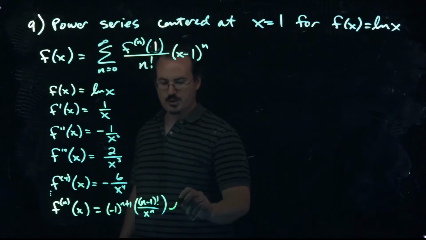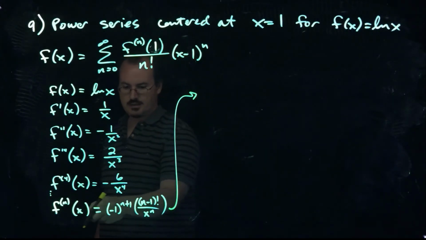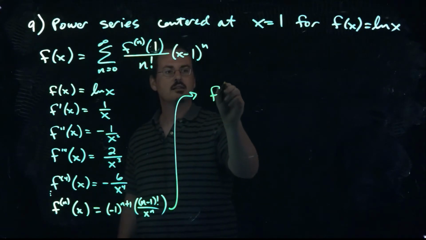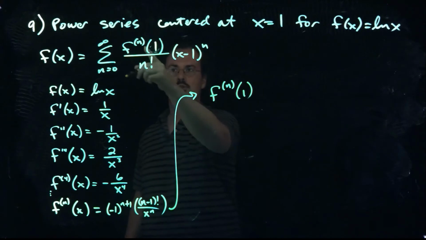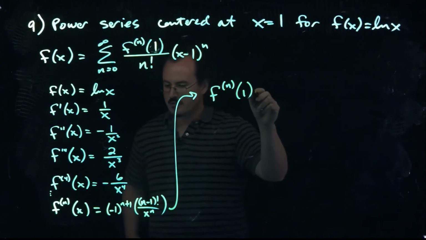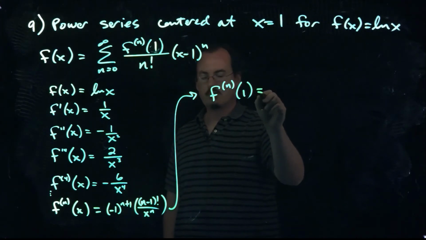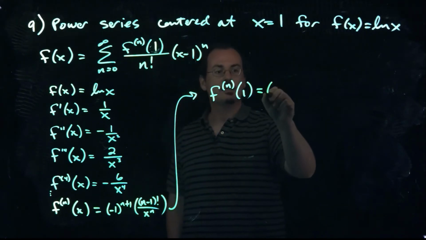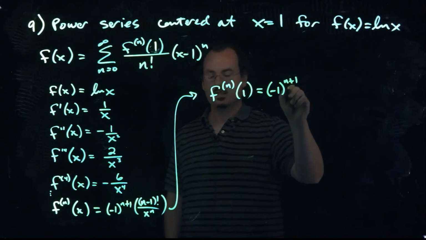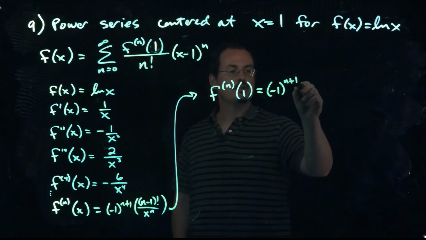So we'll continue over here. What I really need out of this is the nth derivative at 1, because that's what's in the formula there. So the nth derivative at 1 would just be what I get when I plug in 1 for x there. So that's just 1 to the n, it's just 1. So I'm going to get minus 1 to the n plus 1, n minus 1 factorial.